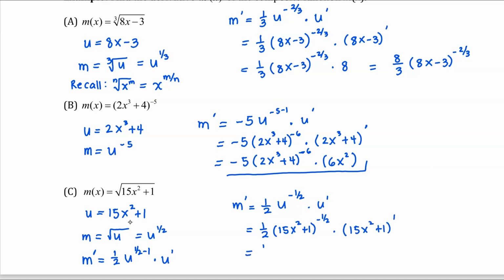This is equal to 1/2 times 15x squared plus 1 to the negative 1/2 times the derivative of 15x squared, which is 30x, and the derivative of 1 is 0. You plug in your answer for m prime like this.